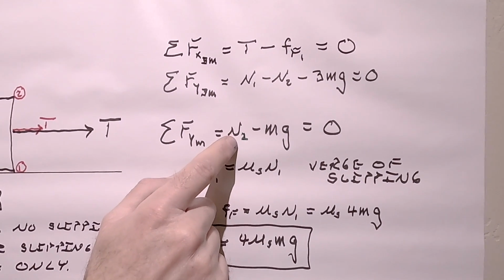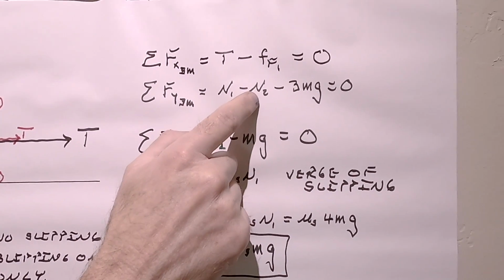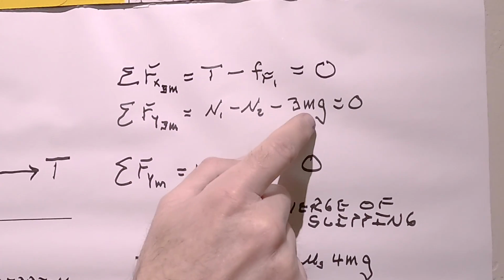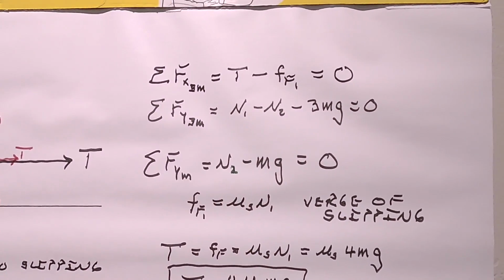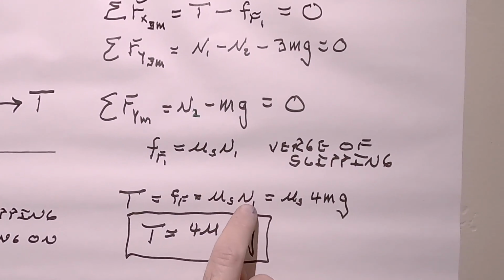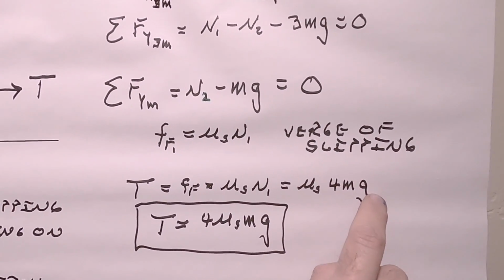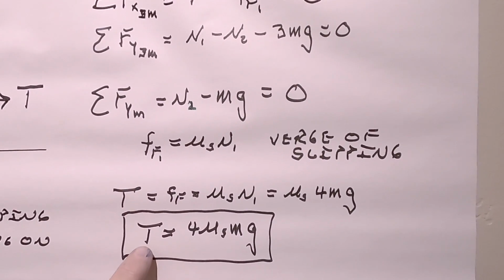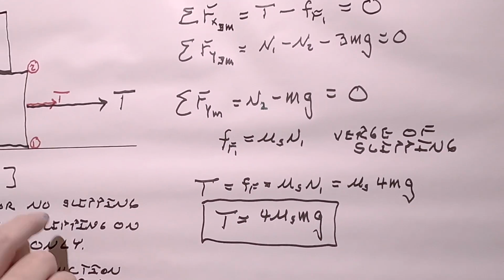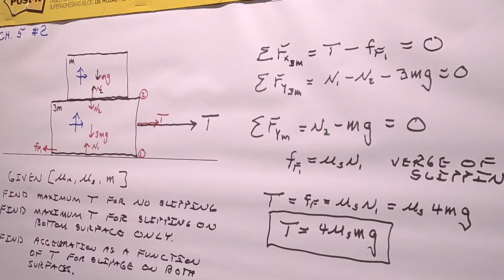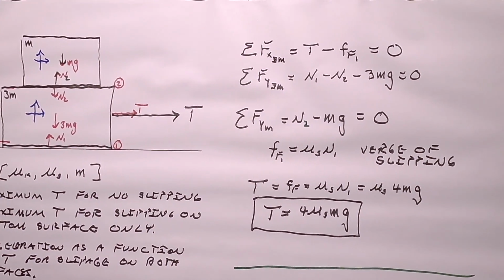N2 from here is mg. And if I put that into there, that's mg, and that's 3mg. If I put it all on the other side, N1 would be 4mg. So I'm going to replace the N1 with 4mg right there. So there's my tension. That's how hard I have to pull on this thing before either one of these two surfaces will slip. It'll just sit there.